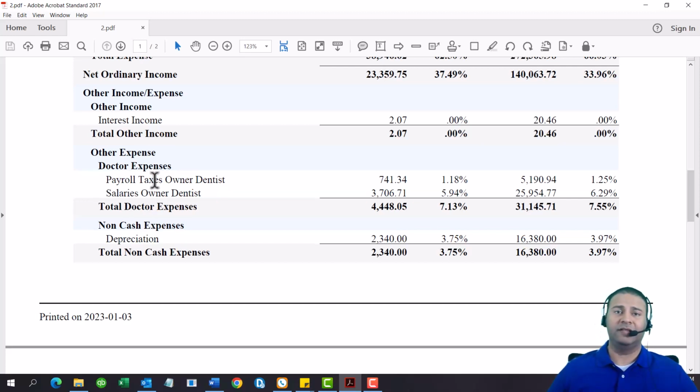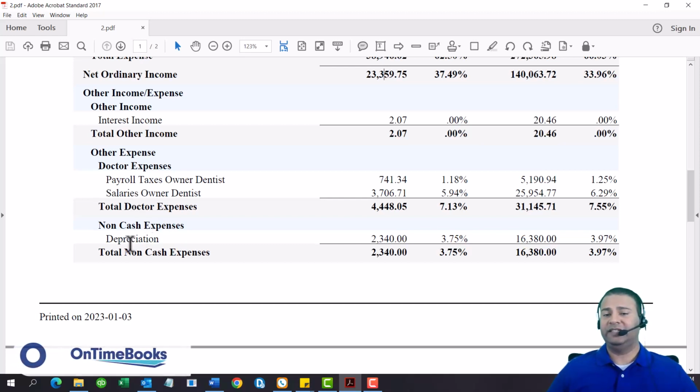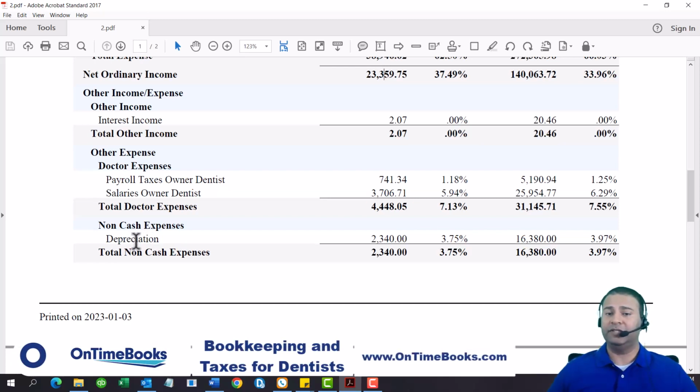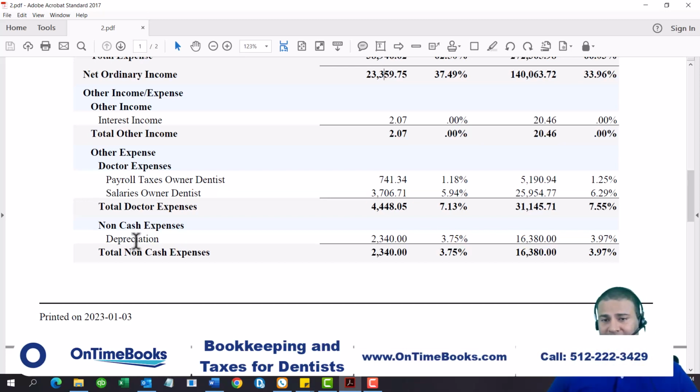If the doctor was paying health insurance for him and his family, that would be reported in this section as well. So that is the total doctor expenses. Then there are some non-cash expenses, like the depreciation expense. If you purchased a practice and had goodwill, you will also notice amortization expenses in this section.